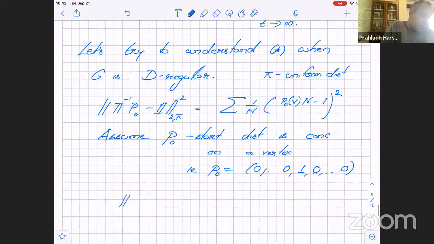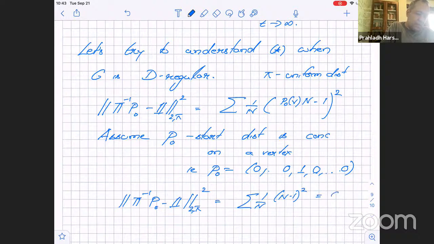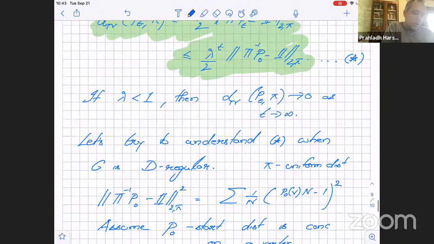You have pi inverse P0 minus 1 in pi norm. This will be summation, something like 1 over n. There'll be just one vertex, so this will be something like order n. So this is the initial quantity you're starting off with. And then you're hitting it with lambda to the power t.